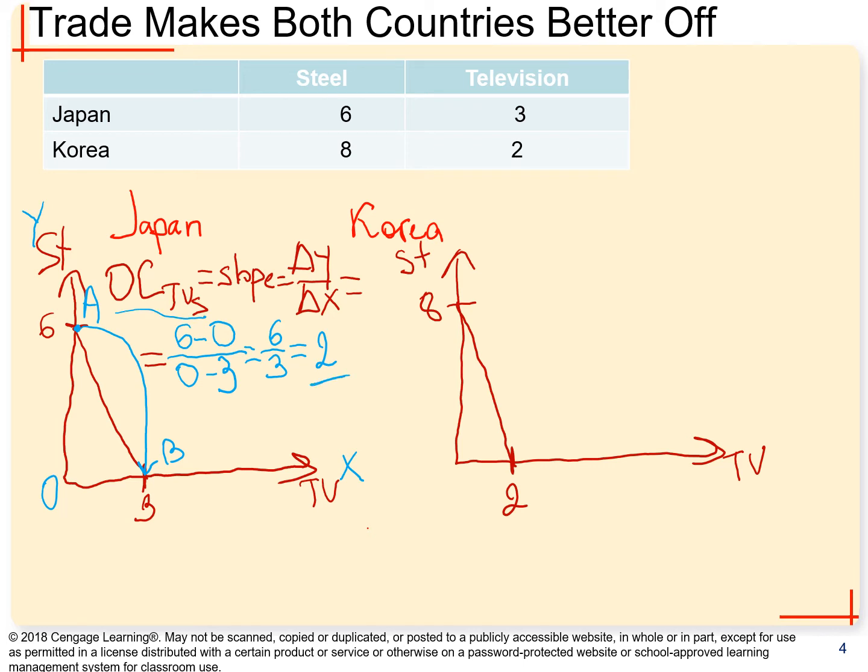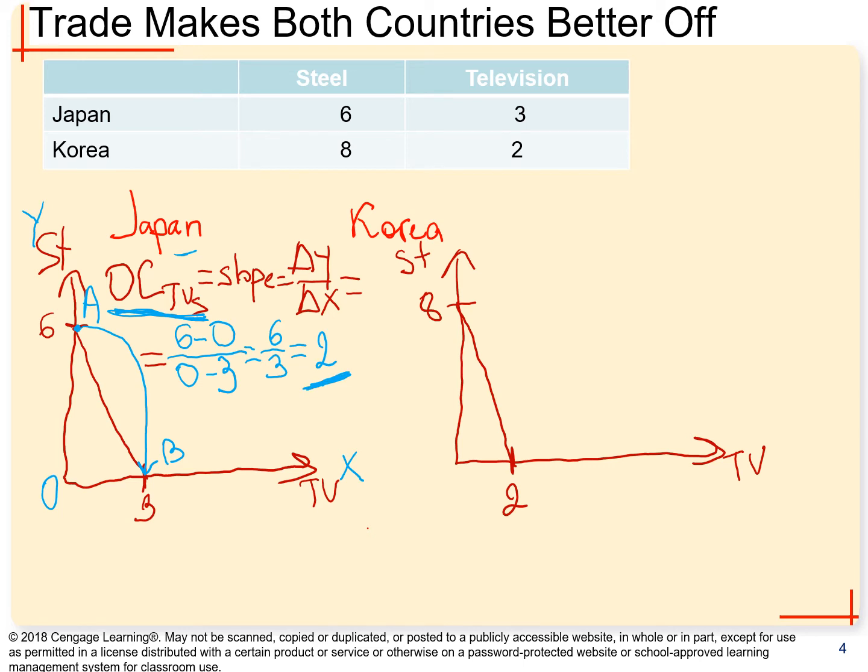What does it mean? It means that in order to produce 1 TV in Japan, we need to give up 2 units of steel. Remember, any decision that we make has a trade-off. The trade-off is that if we want to produce 1 TV, we need to give up some units of steel.